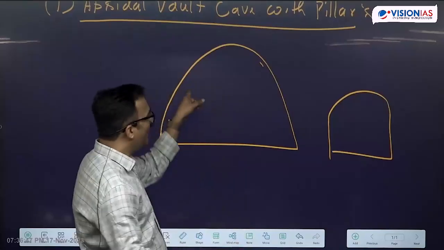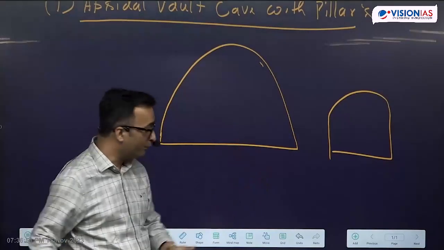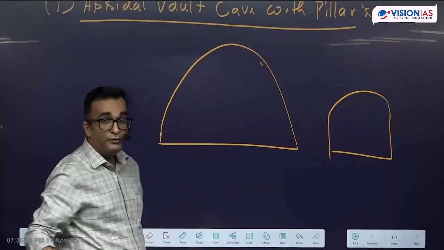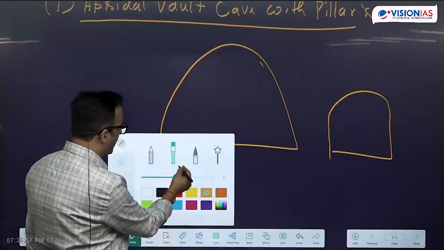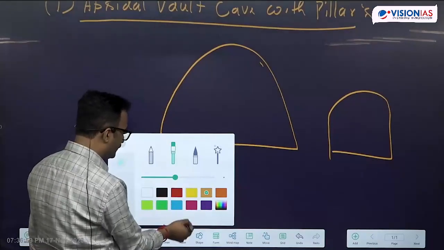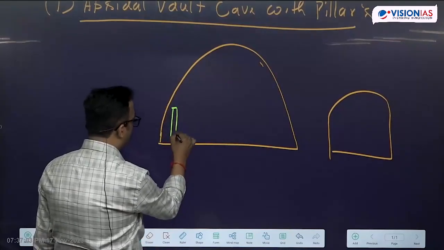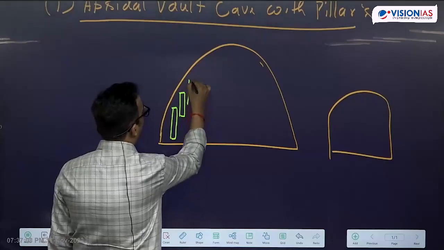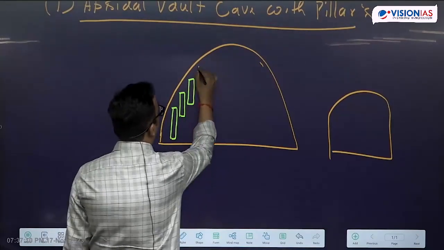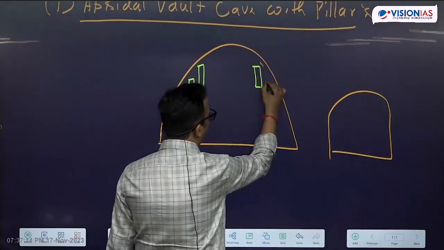Generally the caves in Maharashtra were in this shape only. And the second part you have written, with pillars, means that inside they created a large number of pillars, going like this, and from both sides you will find this kind of pillars.